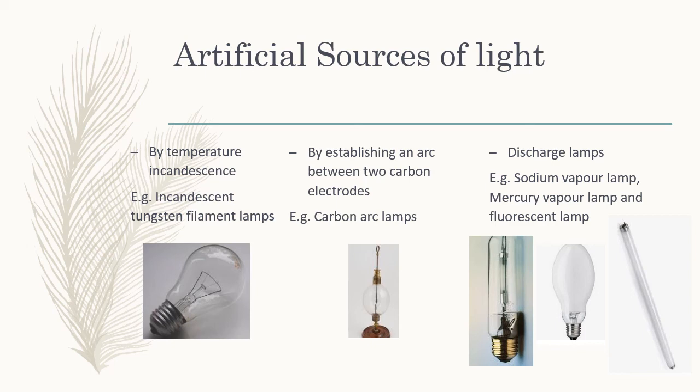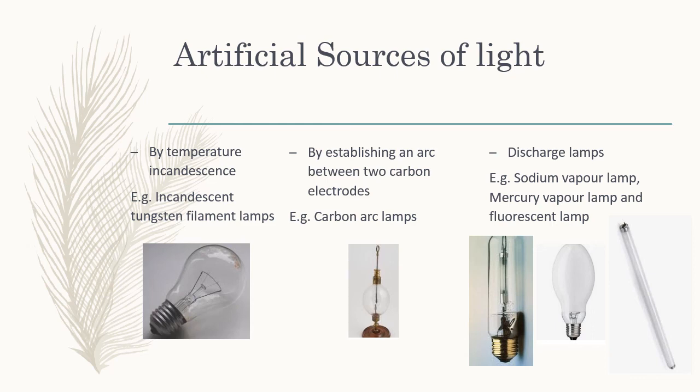The final one is discharge lamps. In the discharge lamps, the examples are sodium vapor lamp, mercury vapor lamp, and finally fluorescent lamp. In this unit we are going to see sodium vapor, mercury vapor and fluorescent lamp in detail. So what is a discharge lamp?